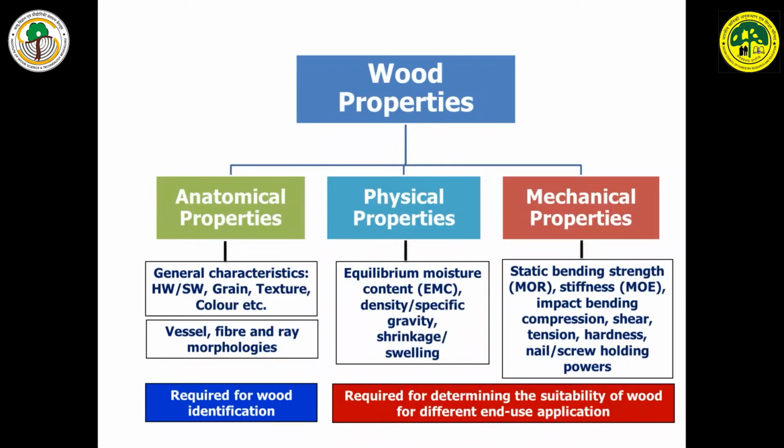And if we see under a microscope, the vessel morphology, the fiber morphology, the ray morphology, all these minute structures or wood elements which are present, and their arrangement, come under the anatomical properties. Based on these anatomical properties, we are identifying the wood. Wood identification is done mostly based on the anatomical properties of the wood.